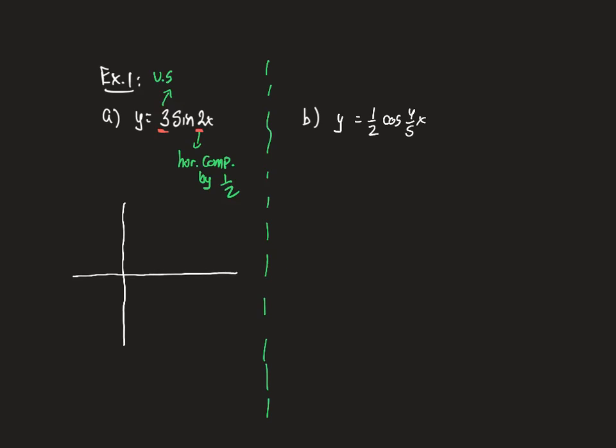All right, so one thing you have to know when it comes to sine functions, sine and cosine functions always have a max and a min of 1 to -1. Now in this case here, we have a 3, and the 3 is my amplitude.